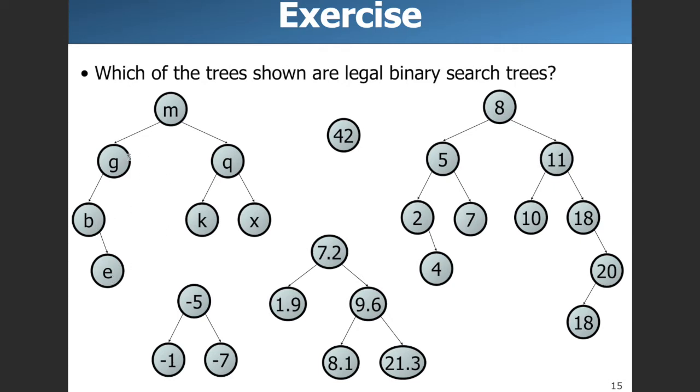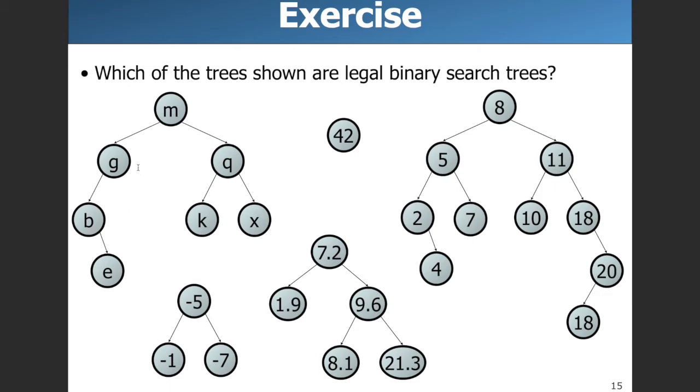So this part is okay. Let's see here. Q is greater than M, so we are good here. K is less than Q, and X is greater than Q. So this is a legal binary tree, which is good.